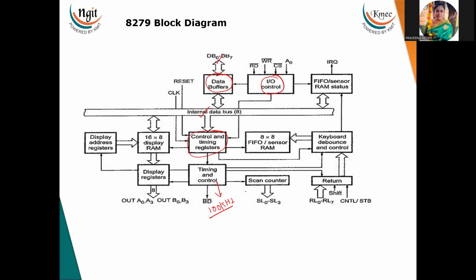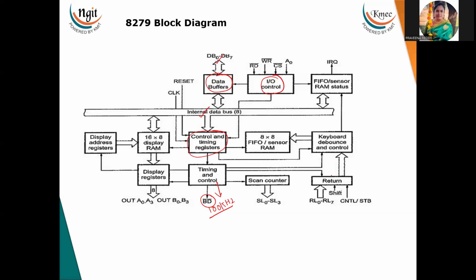For example, keyboard scan time, keyboard bounce time, key scan time, display scan time, digit on time, and blank time are there. So different clocks are required, and those clocks are generated by the timing and control block or unit. And here you can see one pin, that is display blank. By using this, the display can be blanked. So this is about the CPU interface blocks.